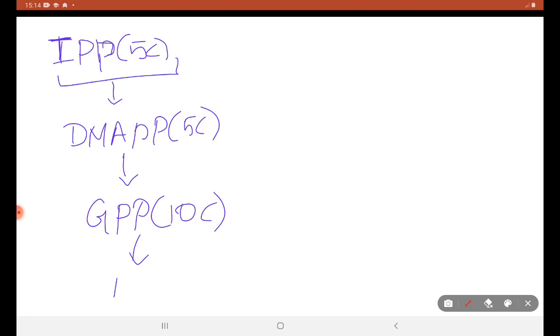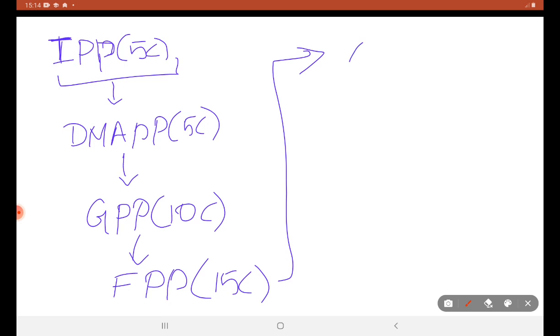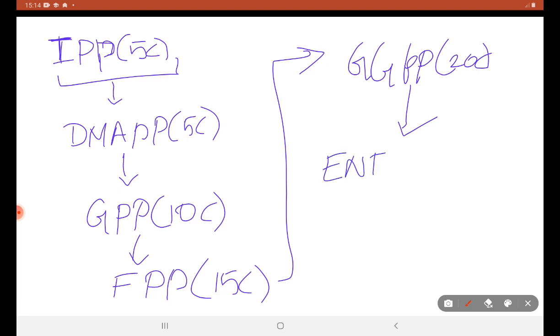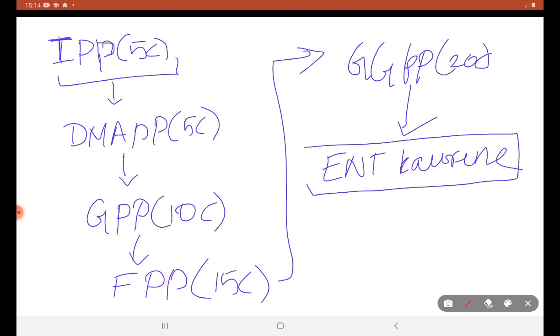It is converted into farnesyl pyrophosphate, 15-carbon compound. It is converted into geranylgeranyl pyrophosphate, that is 20-carbon compound. It is converted into ent-kaurene. This is the final product of plastid. All these occur in plastid.